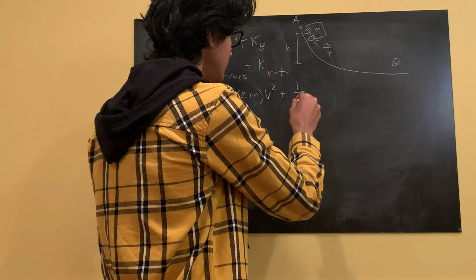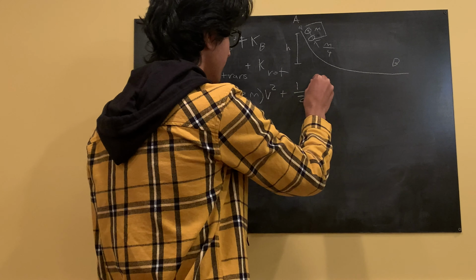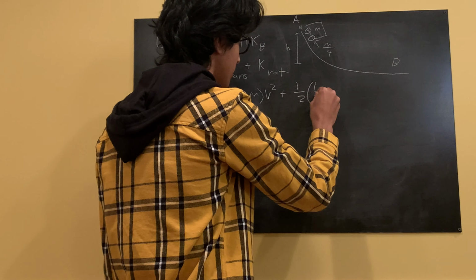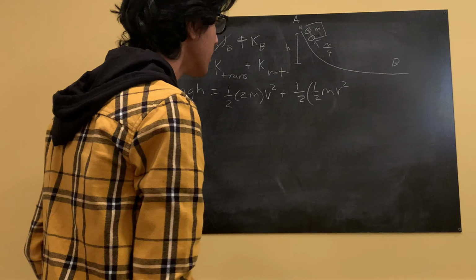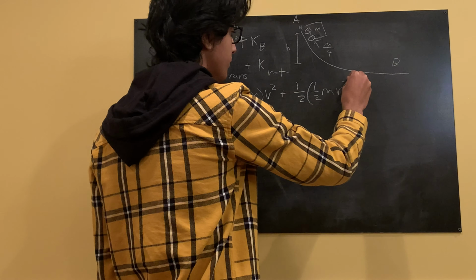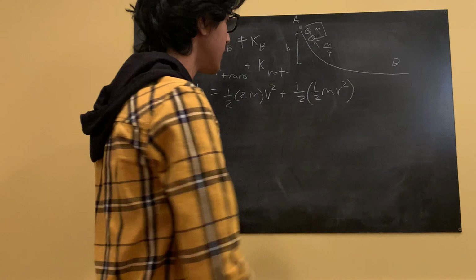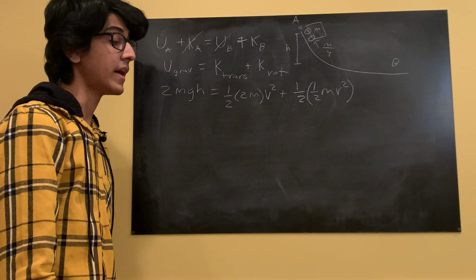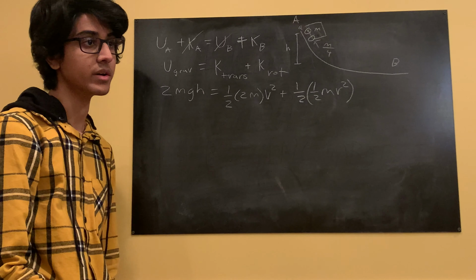So we have this 1/2, and then we have to plug in 1/2 mr squared. Okay, that's the I, the moment of inertia, and now we have to do our omega squared.